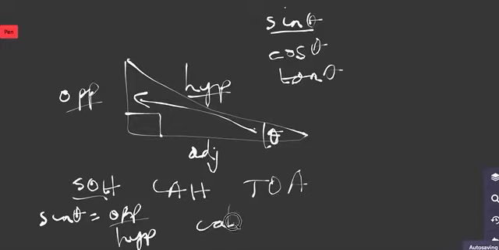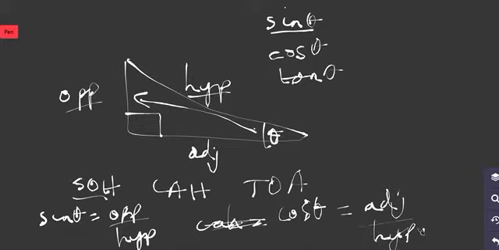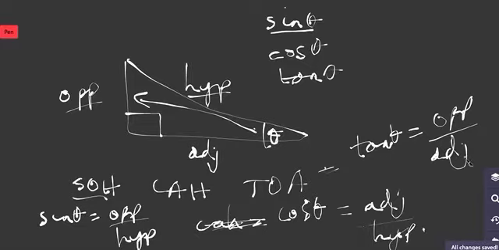The CA means the cos of theta is equal to adjacent over hypotenuse, and the TOA means that the tan of theta is equal to opposite over adjacent.